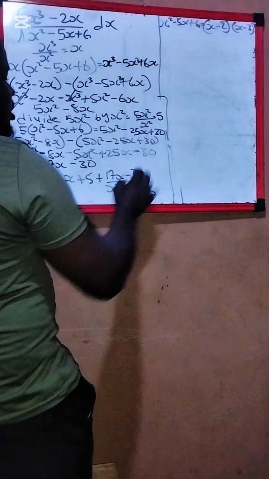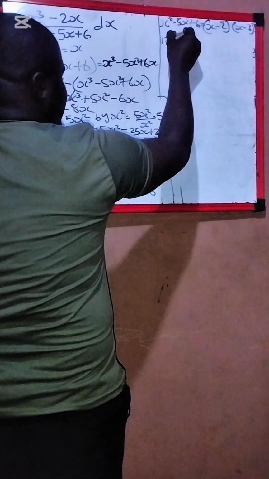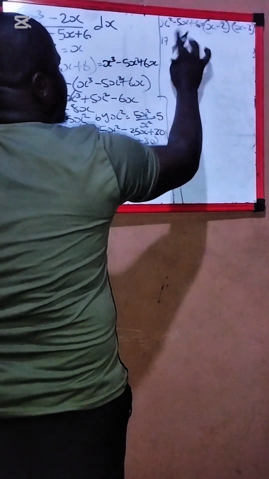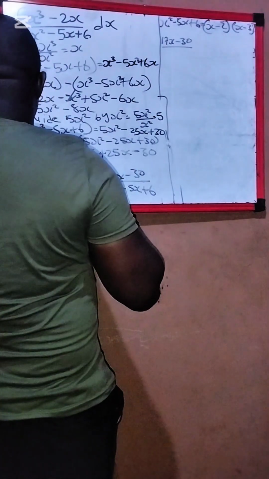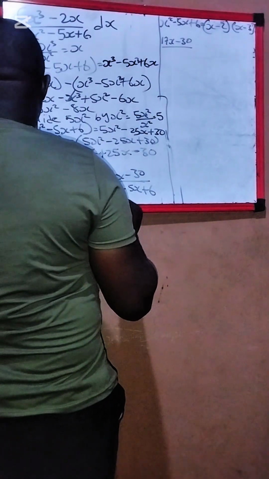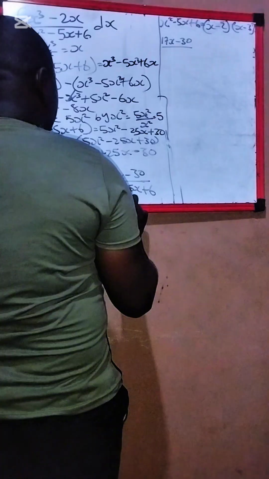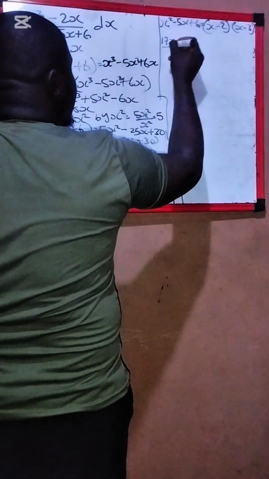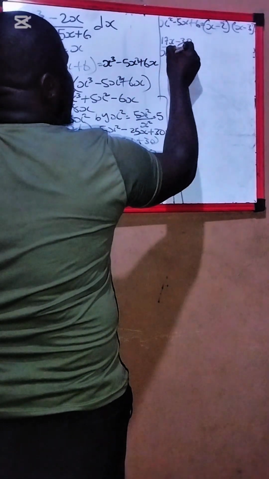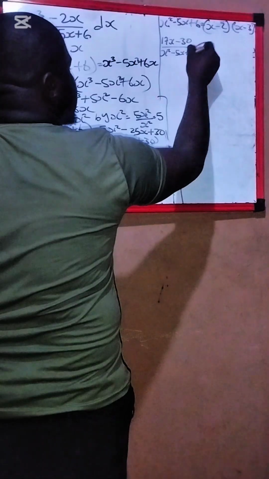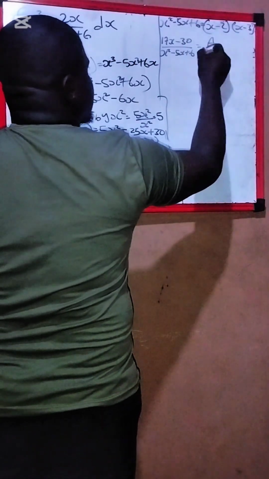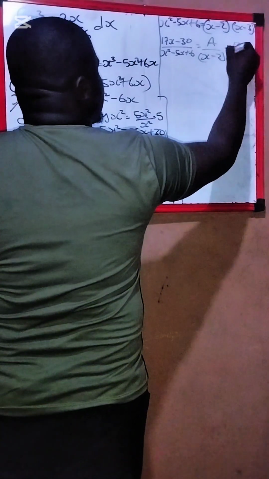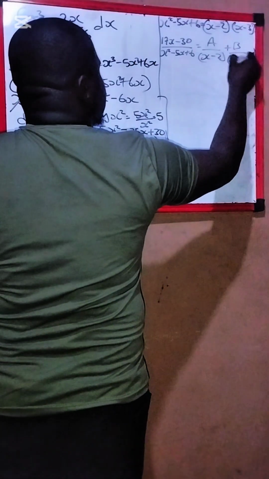Now let's deal with the 17x minus 30 all over the denominator, x squared minus 5x plus 6, which equals a over x minus 2 plus b over x minus 3.